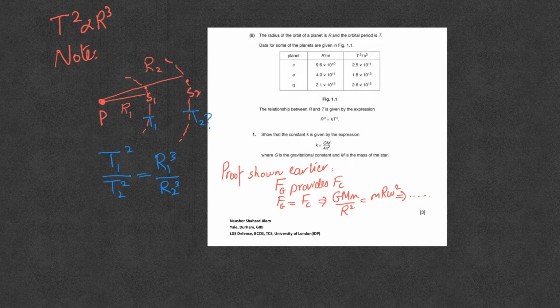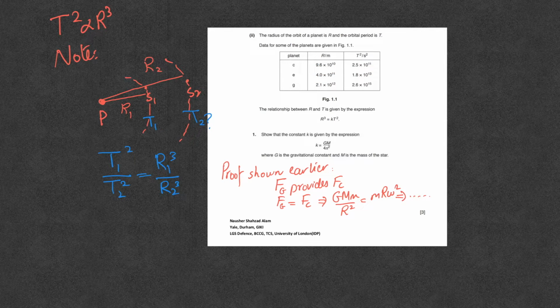So it says the radius of the orbit of planet R is R and the orbital period is T. So there is some central planet, basically, and that planet is, again, P. Around that planet, you have these different C, E, G planets. So C is 9.6 into 10 power 10, its T square value is given. E is another planet around planet P. This is the radius and this is the T square value.